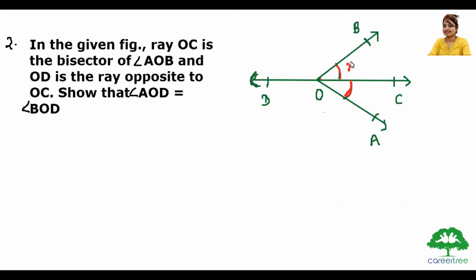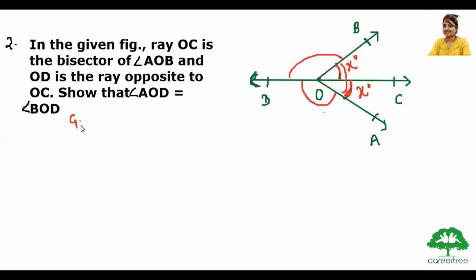If this angle is x, then this angle is also x degree. Now the next information is that OD is the ray opposite to OC, meaning OC and OD are opposite rays. We have to prove that angle AOD equals angle BOD.